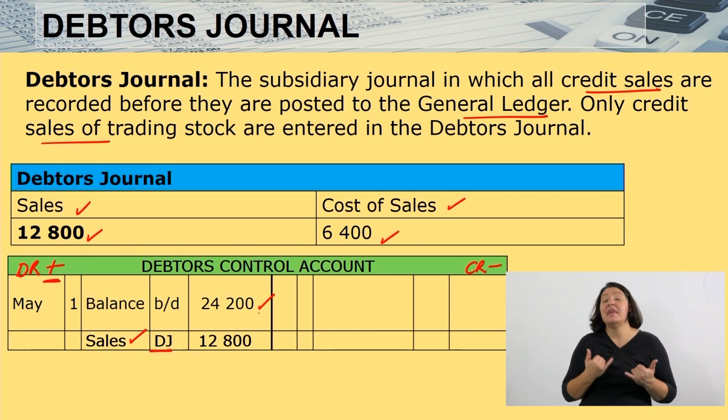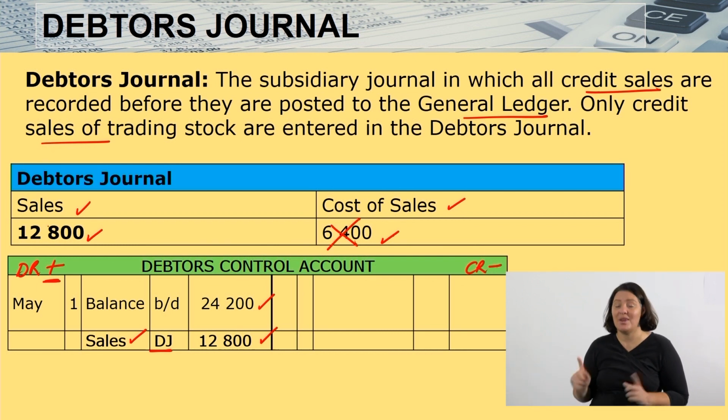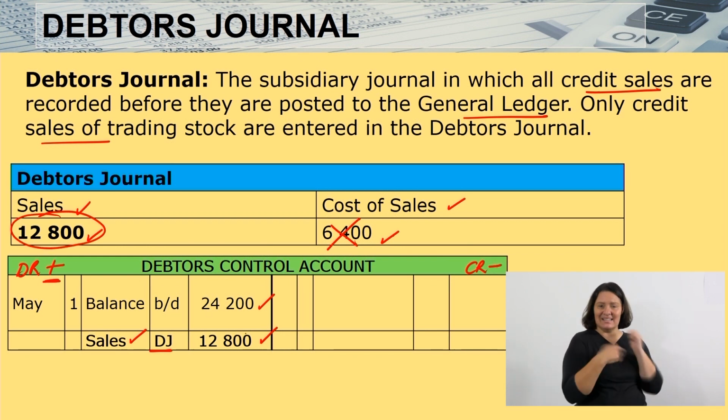I will now bring in 12,800 and not 6,400. That is what I'll bring to the debit side of my debtors control. It means my debtors have increased. The DJ is then posted to the debit side of your debtors control.